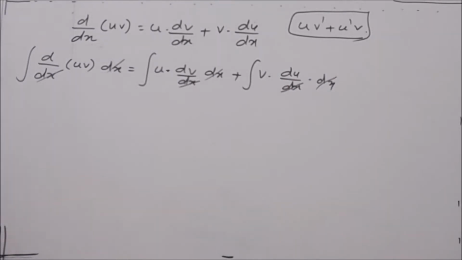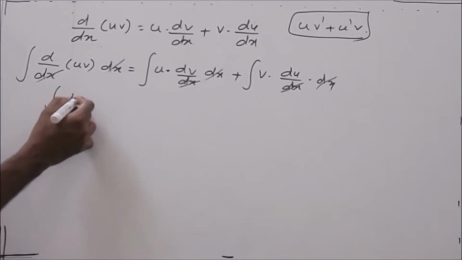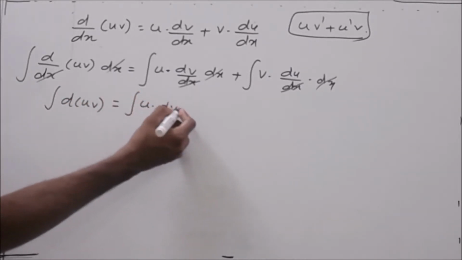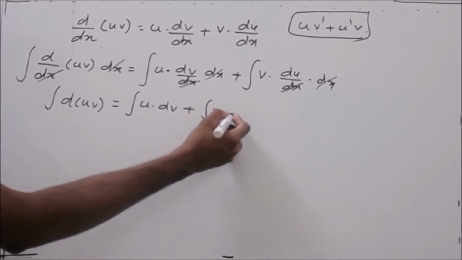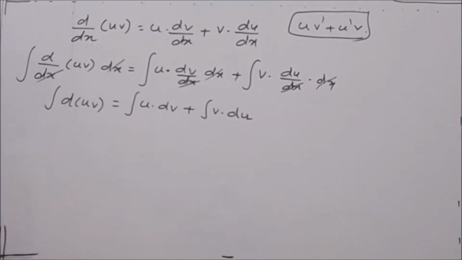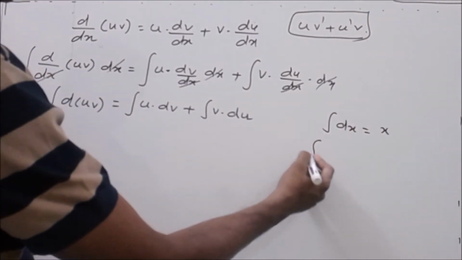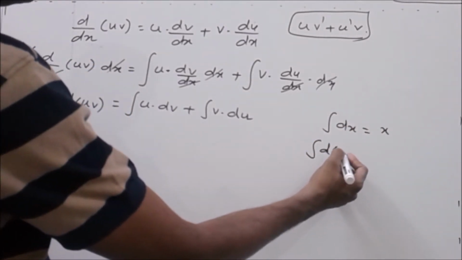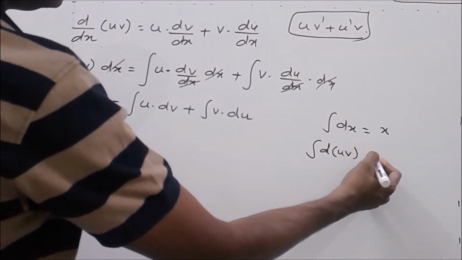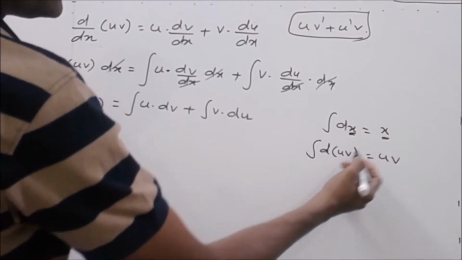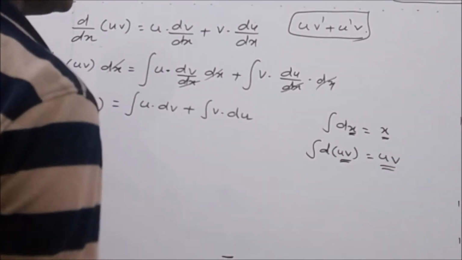The remaining is integral d of uv equals integral u dv plus integral v du. Now integral dx means x. Integral dx is equal to x. Integral d of uv equals uv.